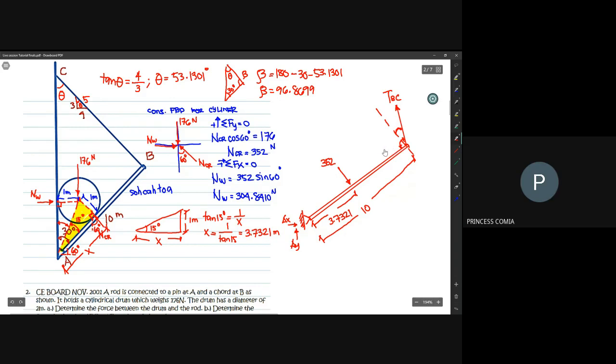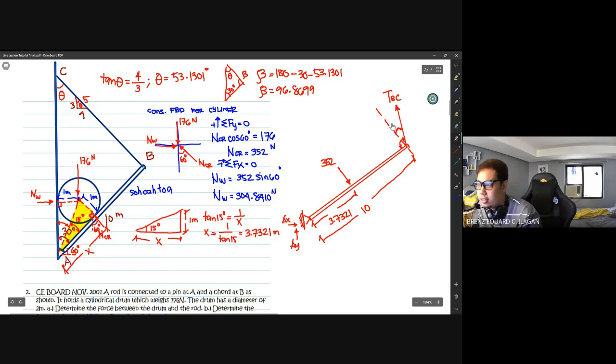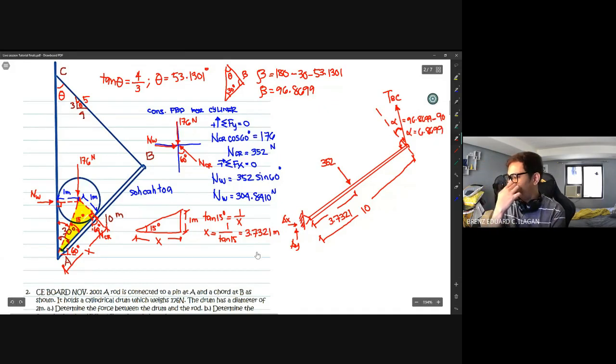Minus 90. So, to get this angle, pangalanan na lang natin siya na alpha. Alpha is equals lang kay beta na 96.8699 minus 90 degrees, or yung alpha natin is 6.8699.